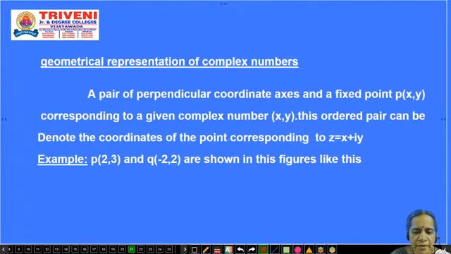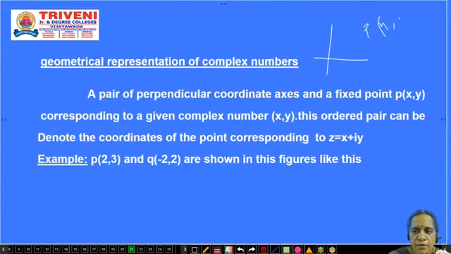Okay, and then geometrical representation. Next, geometrical representation of complex numbers. All of you know a complex number is an ordered pair a comma b. We have to convert it into the geometrical representation of complex numbers, which means a pair of perpendicular coordinate axes, and fix the point P(x, y) corresponding to the given complex number.